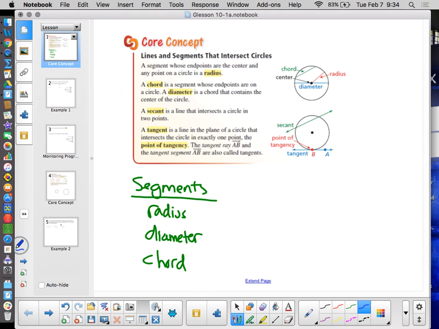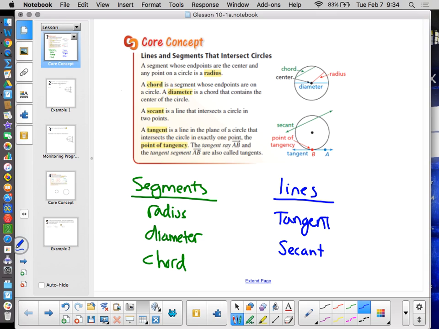There are two special parts that are also lines. A tangent is something you are probably familiar with. A tangent line is a line that just touches the circle at a single point. That point where it touches is called the point of tangency. The other one you probably haven't heard of before is a secant line.